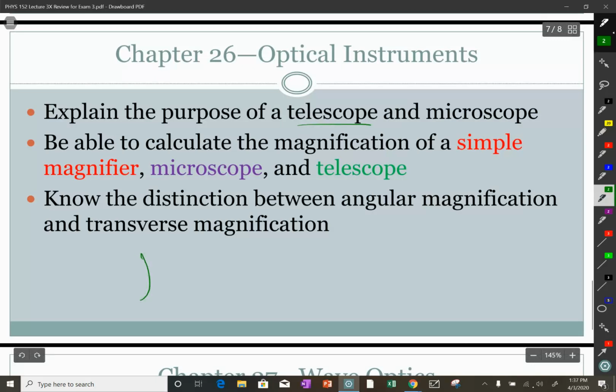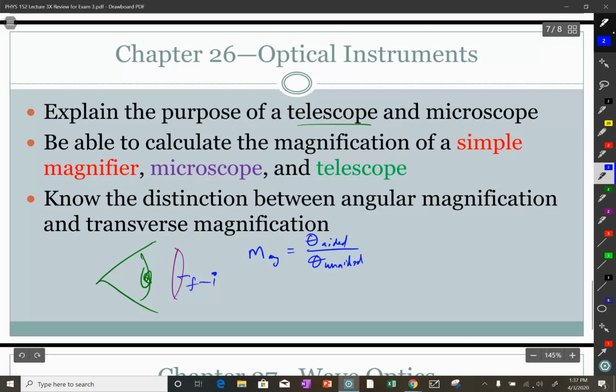That is, I put a lens in front of my eyeball, and it allows me to bring the object closer, to the focal point is what we usually do, so you can have a relaxed eyeball. And that allows us to make a bigger image. Angular magnification is equal to the aided angle divided by the unaided angle, what we would make if it was at our near point.